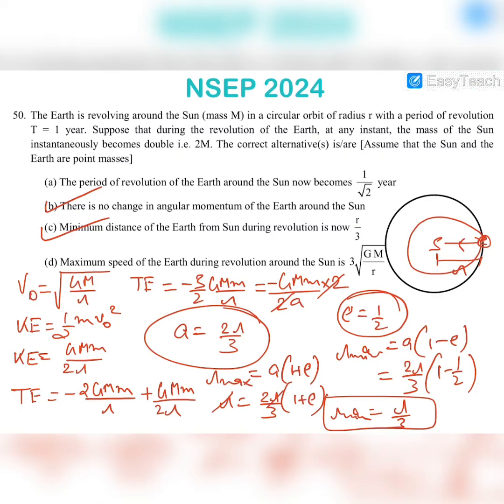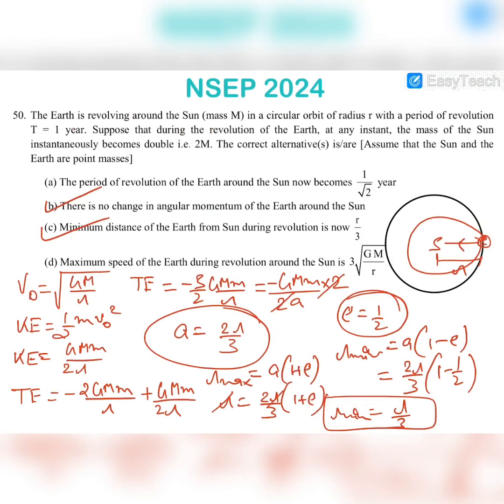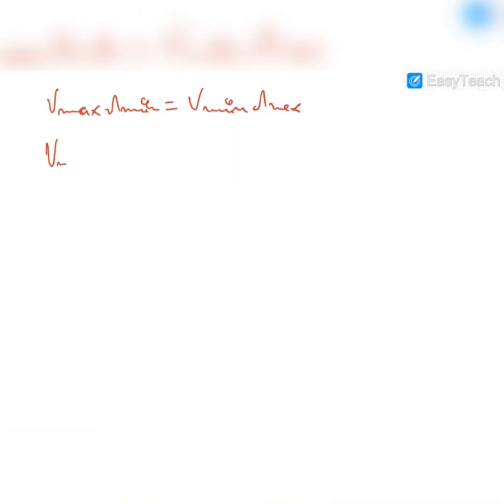And let us now first of all find out the maximum speed. Now as we know that angular momentum is conserved, so we can say that v max into r minimum will be equal to v minimum into r max. Now we have to find out the v max, and r minimum is r by 3.